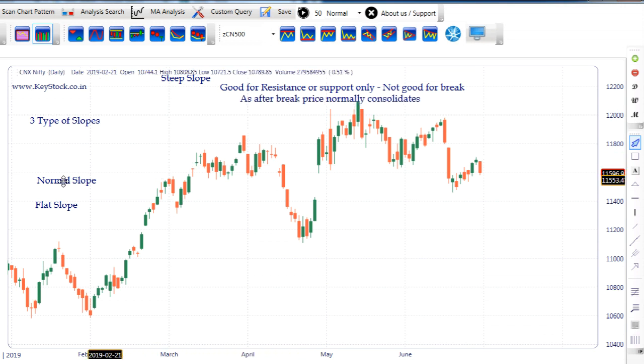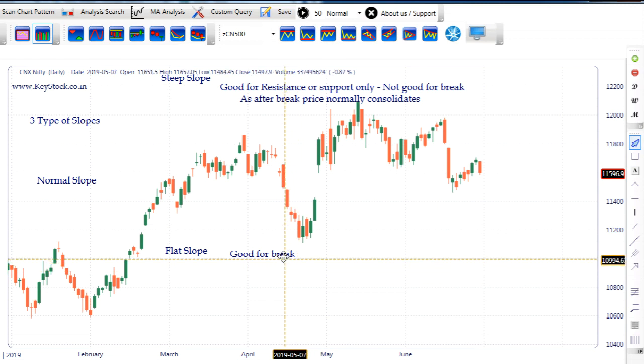Now the flat slope. As I mentioned previously, flat doesn't mean horizontal. For horizontal we should look for a double bottom, double top, or rectangle. Flat slope is good only for the break. They are not ideally suited for support and resistance.